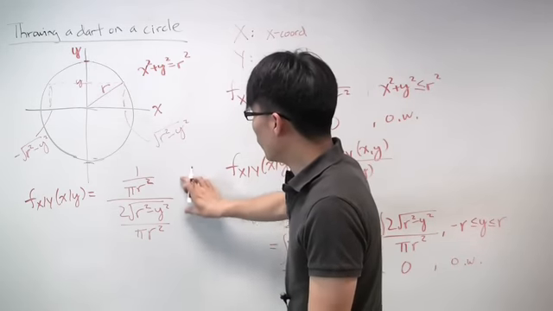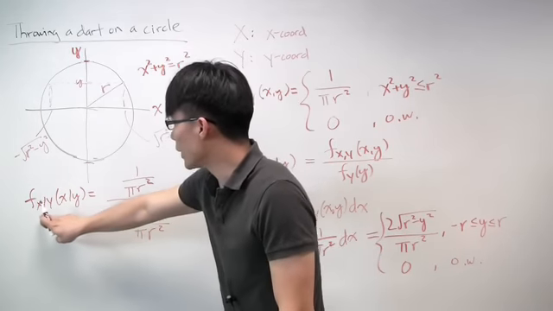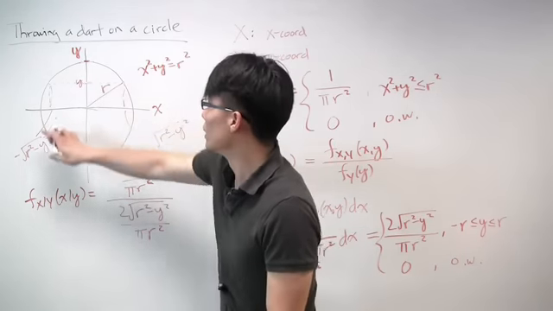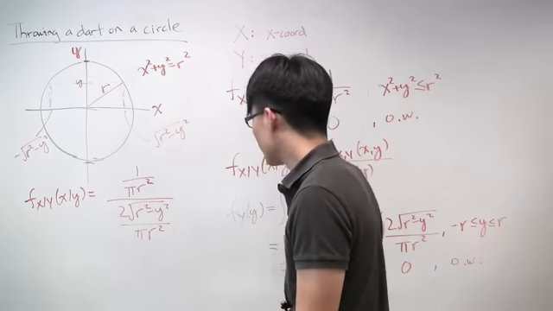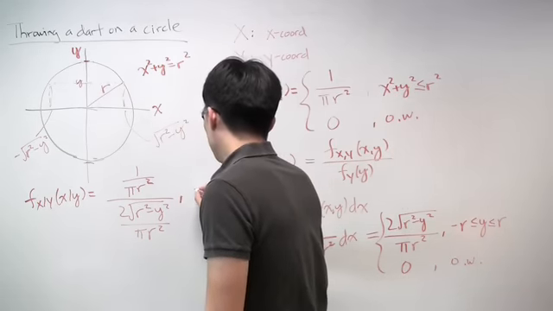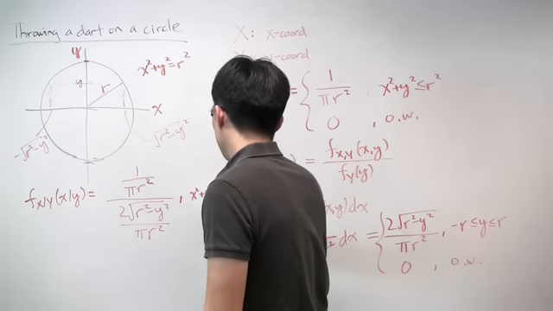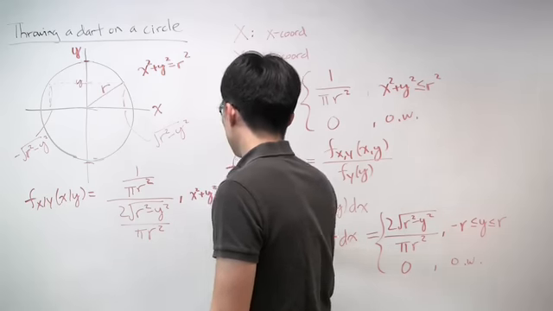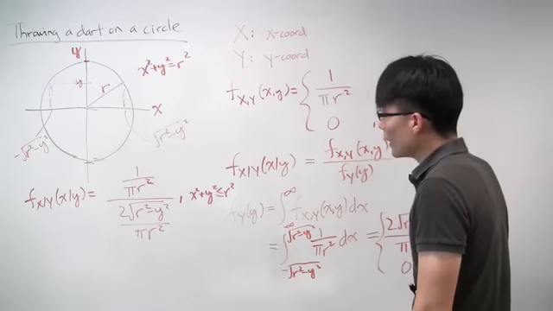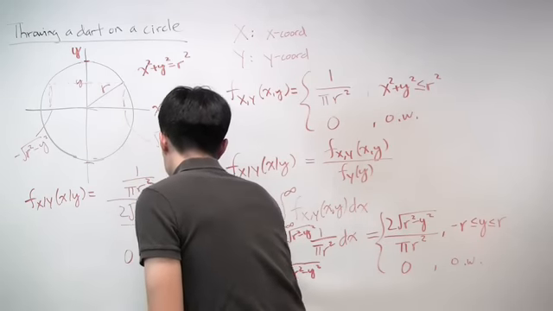And so what this tells us is that this is in fact valid for any pairs of x and y that fall within this circle. So it's valid for x squared plus y squared less than or equal to r squared. And outside of it, it's 0.